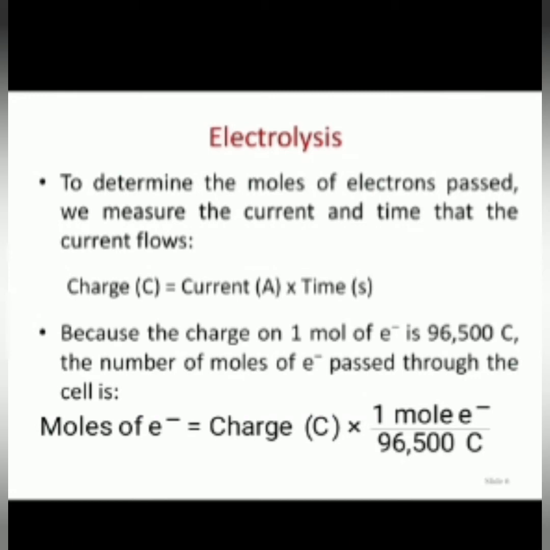Then charge C is equal to current into time. Because the charge on 1 mole of electrons is 96,500 coulombs, the number of moles of electrons passed through the cell is given by the following expression. Moles of electrons is equal to charge upon 1 Faraday.